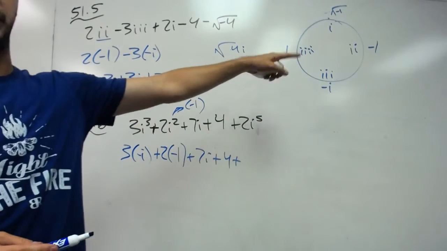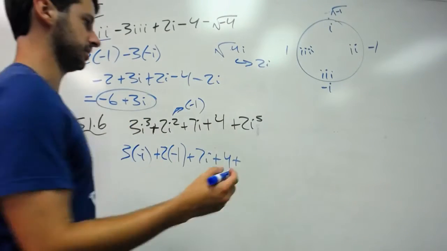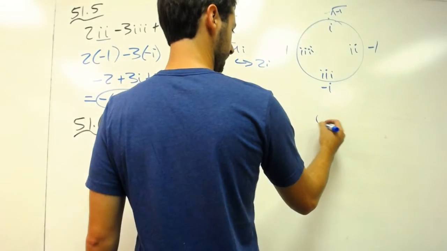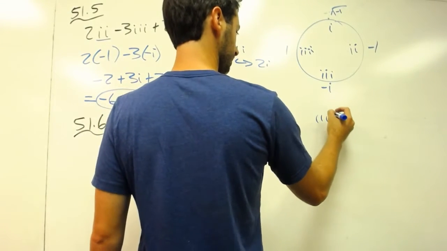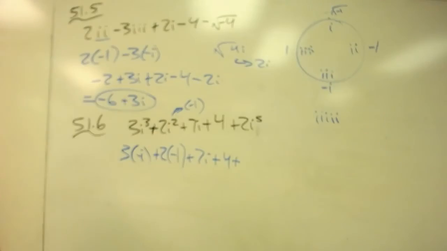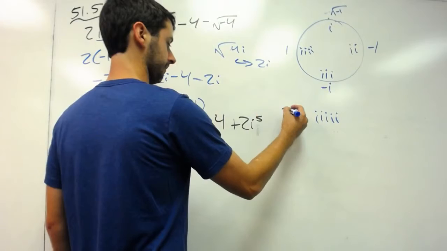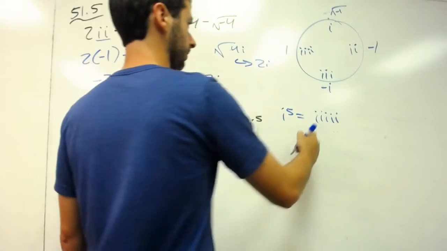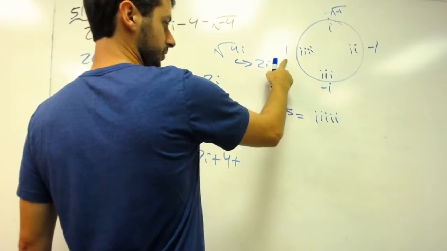That's not on here. Well, what you can do is, okay, we have i to the fifth. If I showed you this way, you should understand it. We have 5 i's, since it's i to the fifth. Well, we said 4 i's equals 1.